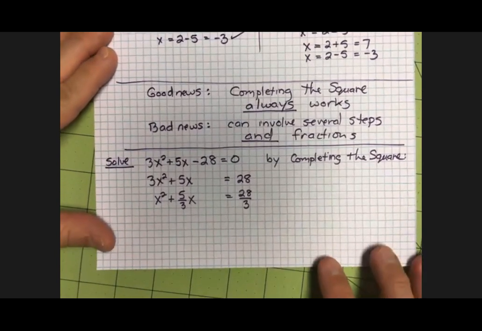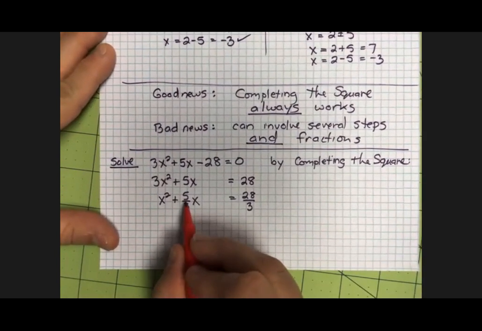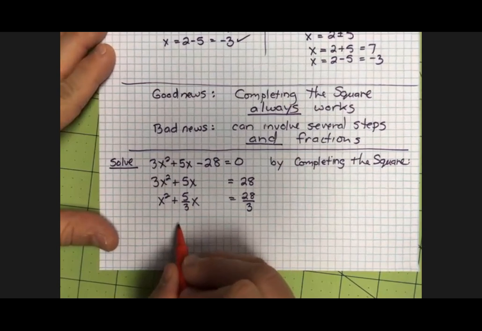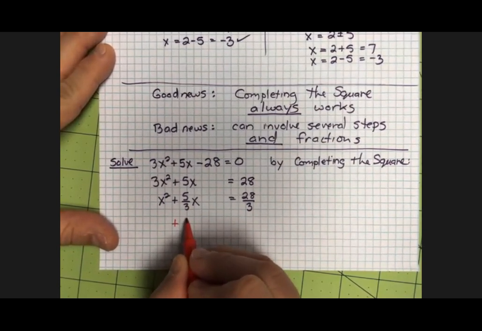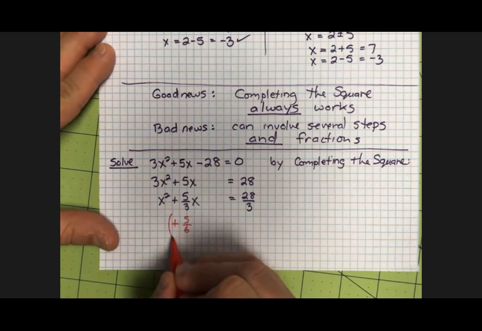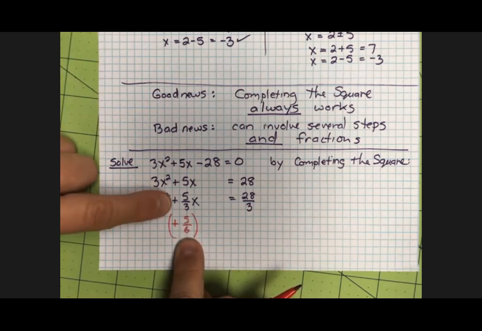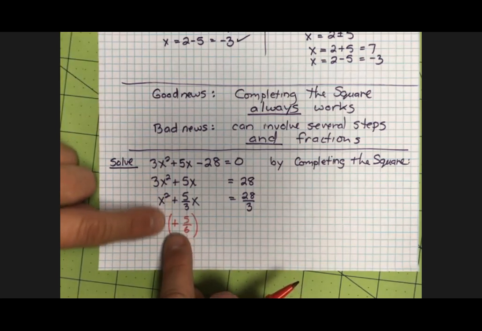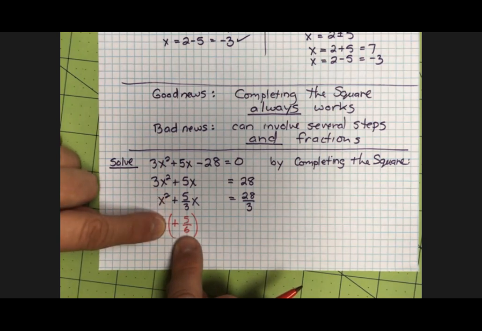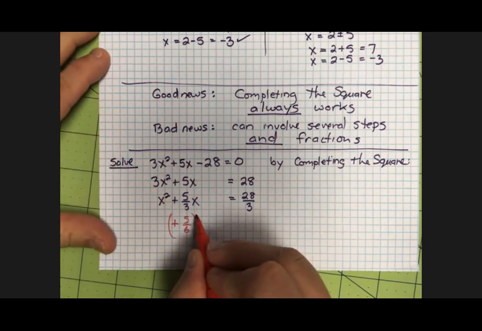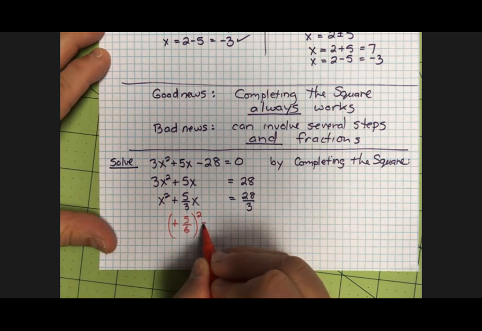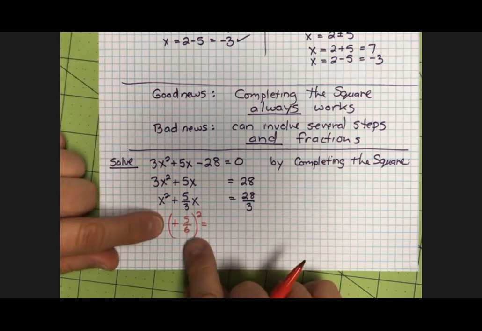Half of 5/3 with the sign, that will be 1/2 times 5/3, which is 5/6. So that's literally 1/2 times 5/3 with the sign. Squaring that is not going to be the easiest thing I ever did, but it's not that bad.